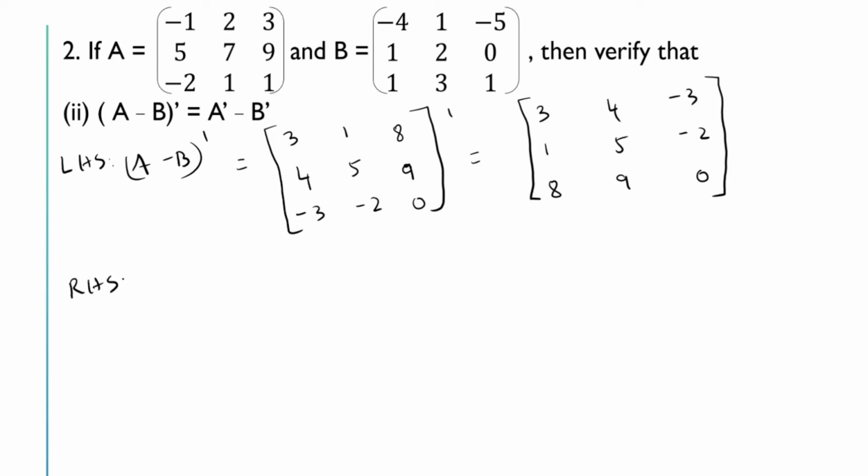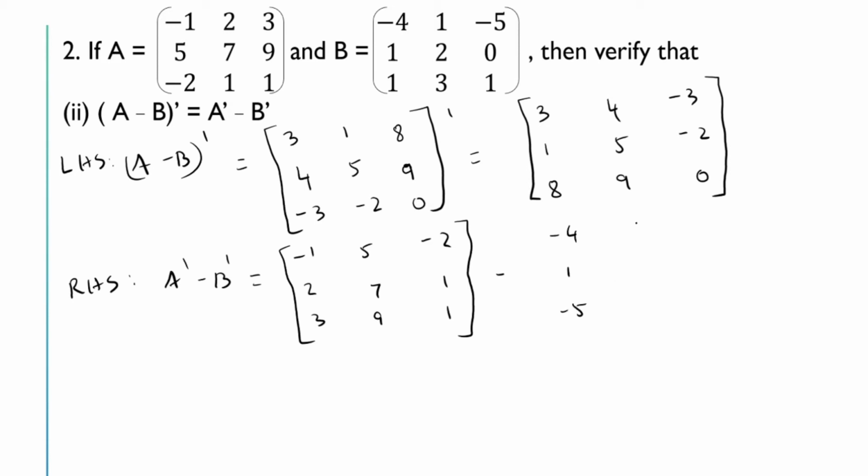The right hand side is A transpose minus B transpose. So this is equal to minus 1, 2, 3, 5, 7, 9, minus 2, 1, 1, minus 4, 1, minus 5, 1, 2, 0, 1, 3, 1.